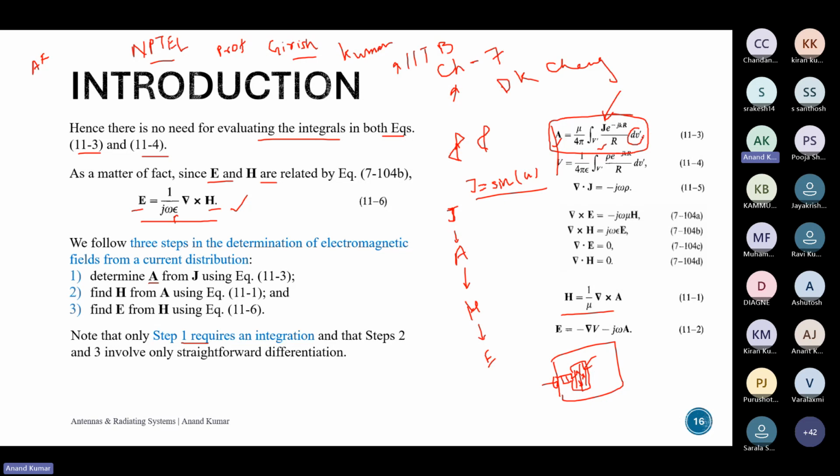Don't worry about this dv. You'll change the coordinates, and it will become something like dr d theta d phi if it is in the spherical coordinate system, or if you have a dipole like this, you could go to dr d theta in cylindrical or something like that.